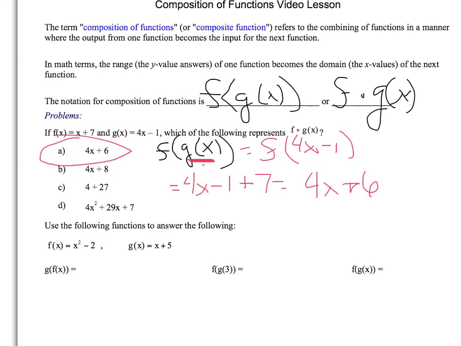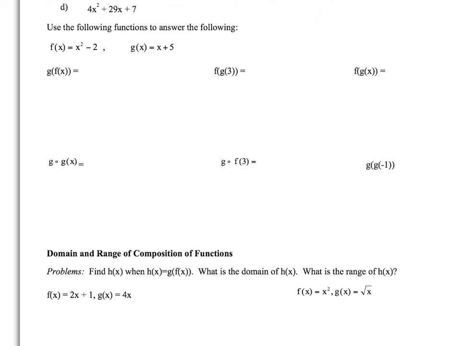Let's do some more of these problems. We have f of x equals x squared minus 2 and g of x equals x plus 5 for these next 6 problems here. This one says find g of f of x. Well, first thing I'm going to do is replace the f of x with what it really equals. It really equals x squared minus 2.